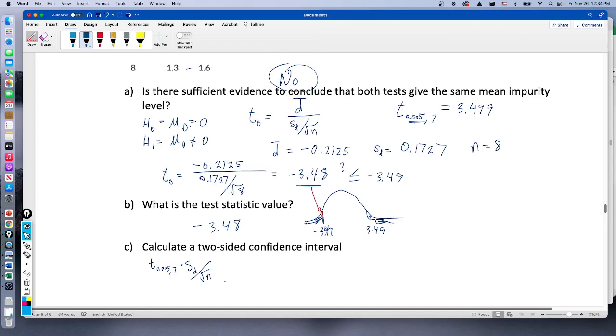That makes an interval. This will be the negative side, and this would be the positive side of that same thing. So D bar, and the square root of n.